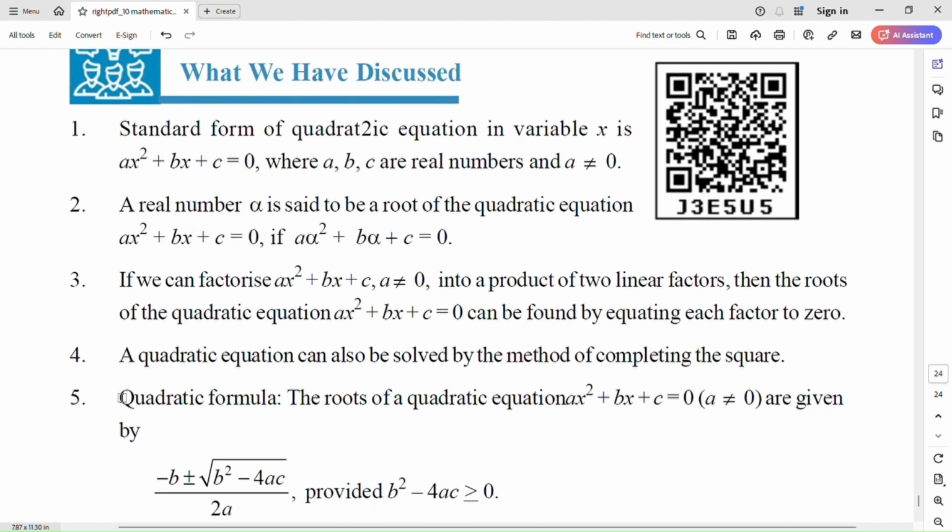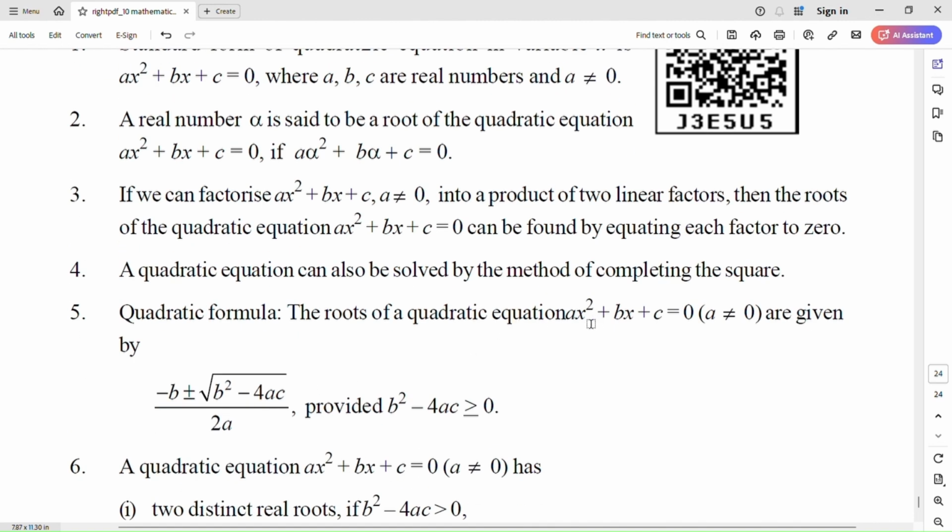The third method is to directly apply the quadratic formula, which for ax square plus bx plus c equal to 0 is x equal to minus b plus or minus square root of b square minus 4ac, all over 2a. You will get a real solution if and only if b square minus 4ac, that is the discriminant, is greater than or equal to 0.